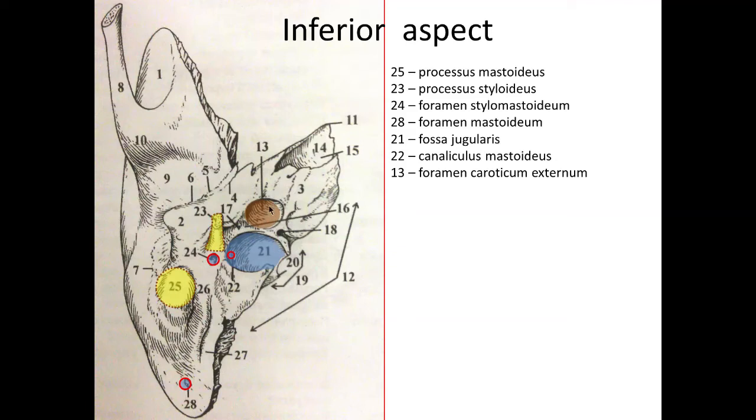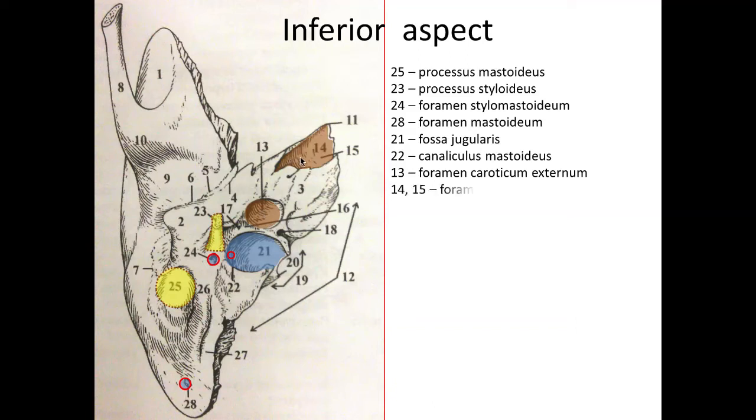Between these two structures we can find a bony ridge, very important for us, which divides fossa jugularis and foramen caroticum externum. Why it's important? We shall explain it several minutes later.